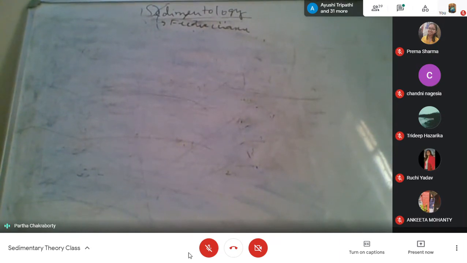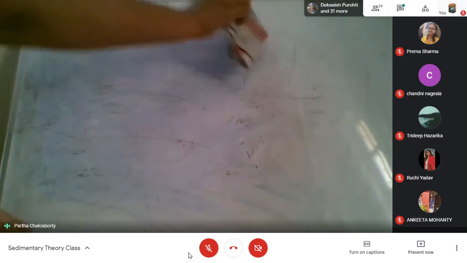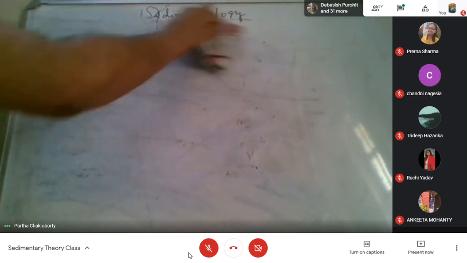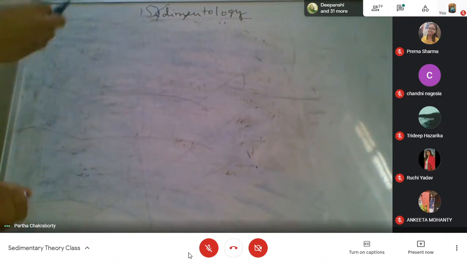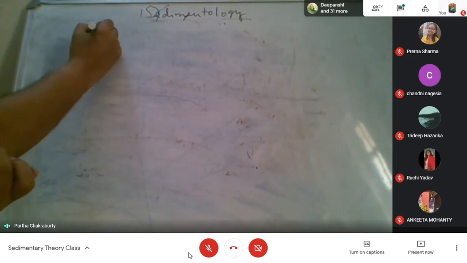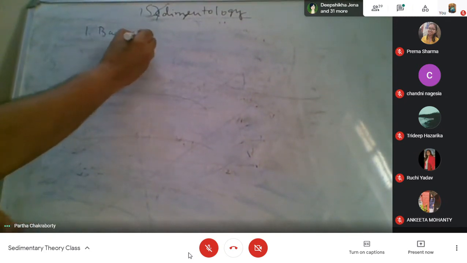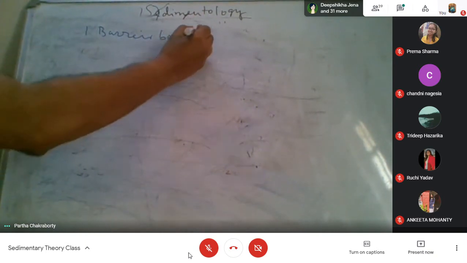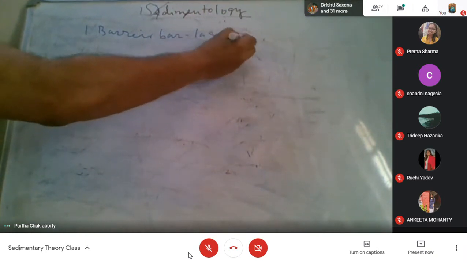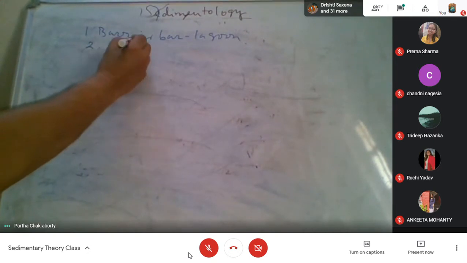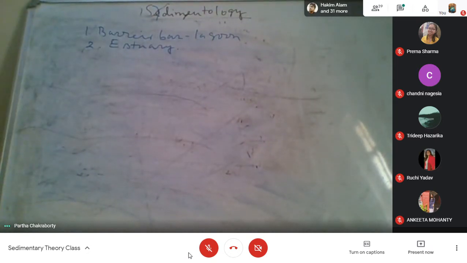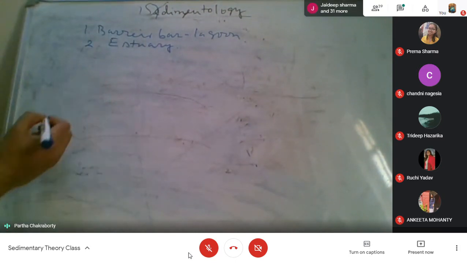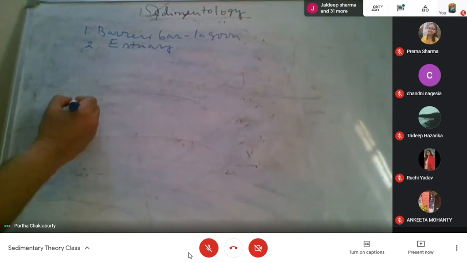As I discussed, there are two major transgressive products: one is barrier bar lagoon, and the other is estuary. Okay, first start with the barrier bar lagoon. Let me draw the diagram first.